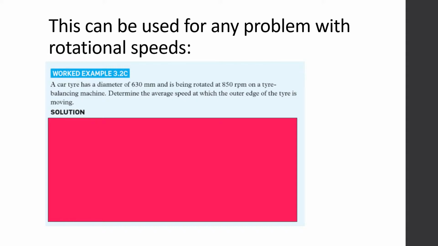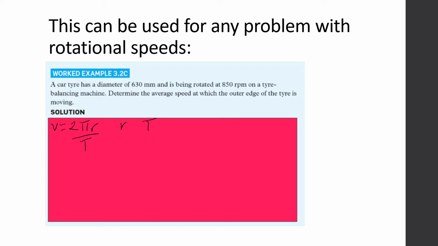We've got a car tyre with a diameter of 630 millimeters that is being rotated at 850 RPM on a tyre balancing machine. And we've been asked to determine the average speed of the outer edge of the tyre. So the formula for average speed is v equals 2πr over t. So we need to determine r and we need to determine t.